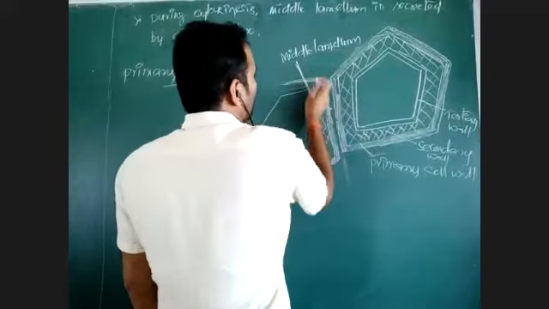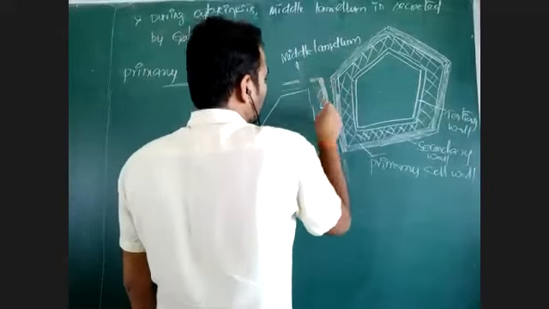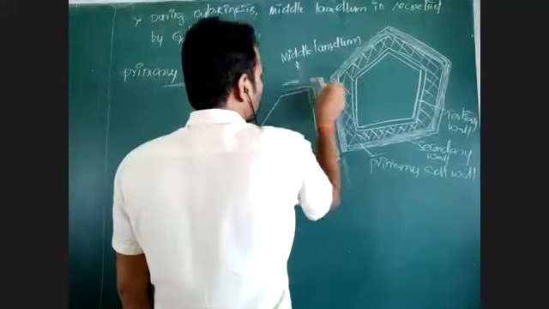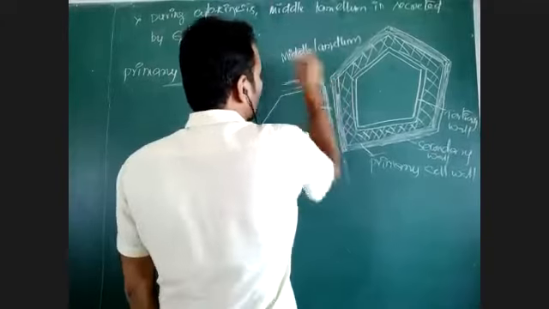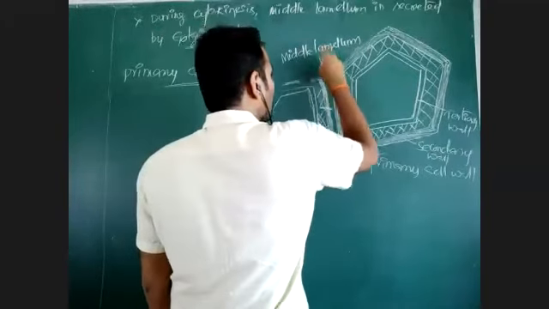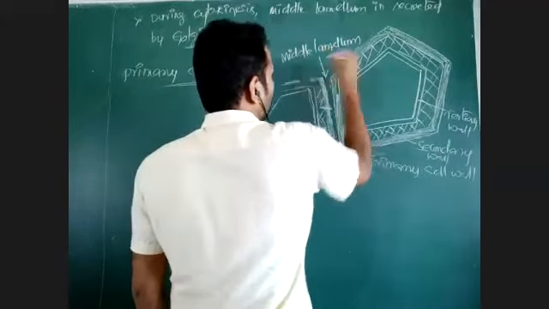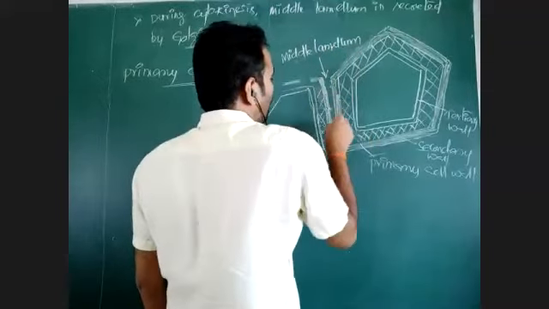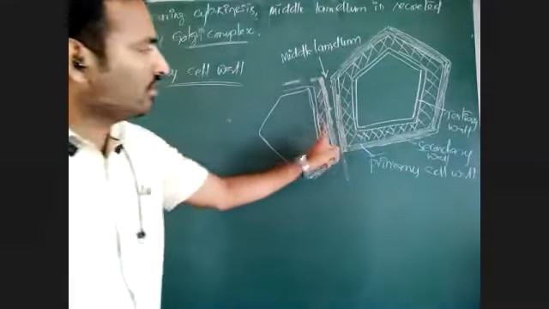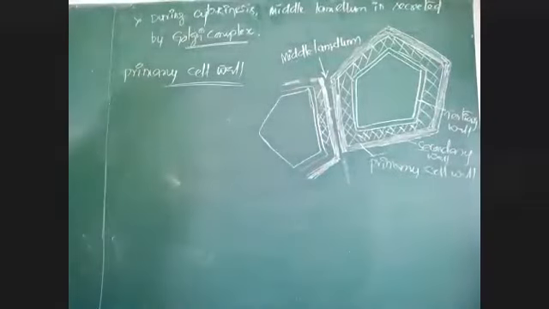If you write it like this, it may not be clearly visible and you may get confused again. You write here directly, no problem. Middle lamellum is a matrix present between two adjacent cells.